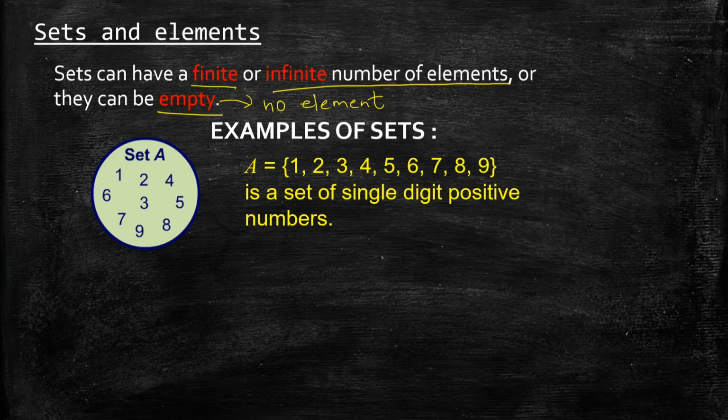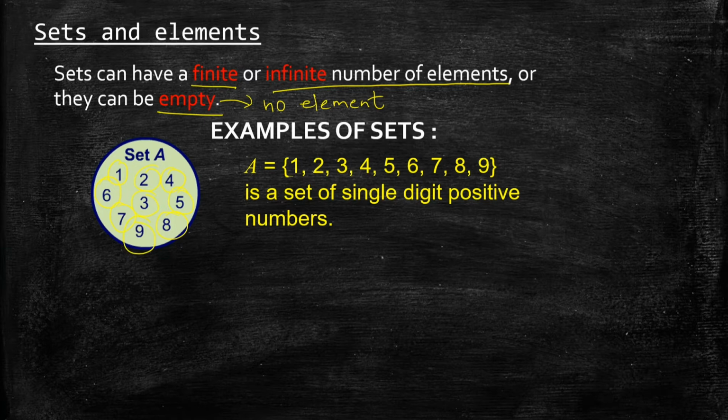Let me give you an example of a finite set. I hope you all can see this set A, which has some number of elements, and I can write this set A as equal to the curly brackets, and then inside I'm putting all the elements, separated by commas. Let's count: 1, 2, 3, 4, 5, 6, 7, 8 and 9.